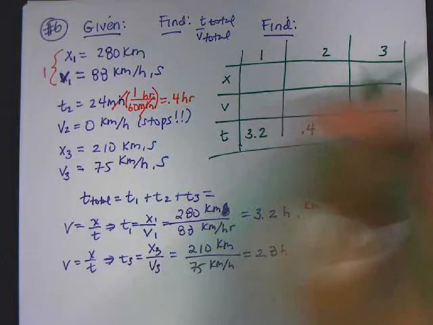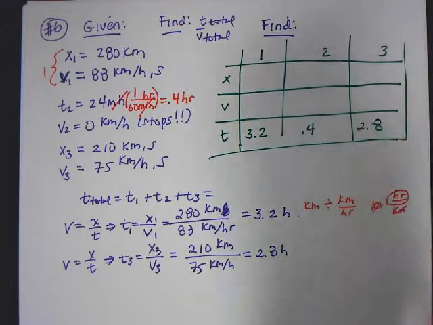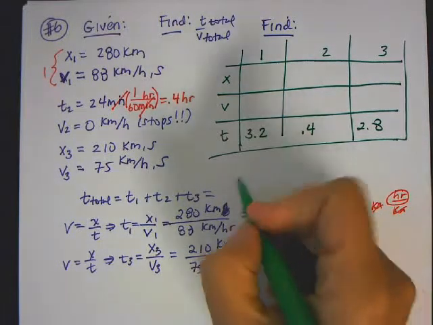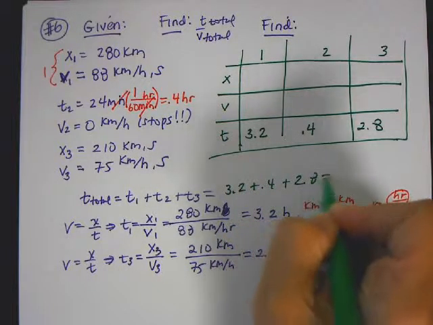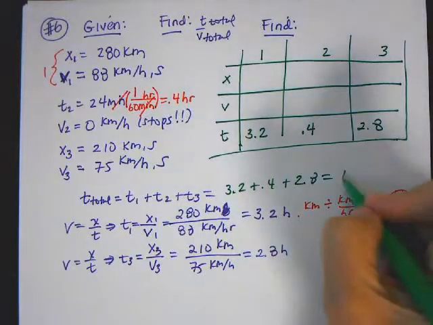So this is 2.8. And now, to get my total, I add them up. 3.2 plus 0.4 plus 2.8, and my total time comes out to be 6.4 hours.